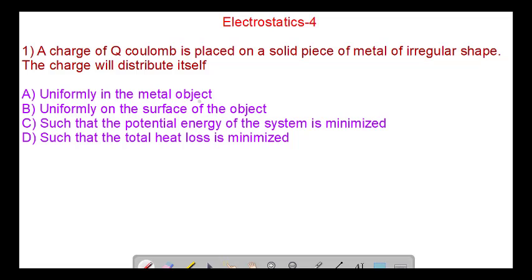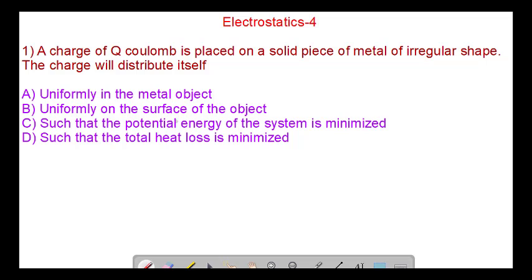It will distribute uniformly on the surface of the metal object, or such that the potential energy of the system is minimized, or such that the total heat loss is minimized. See, it is a natural thing that any body adjusts itself so that the potential energy is always minimum.